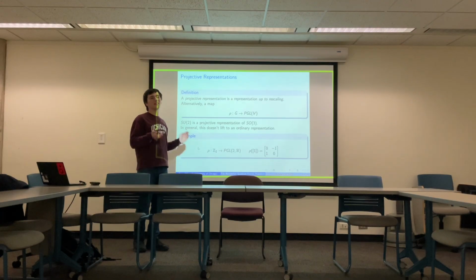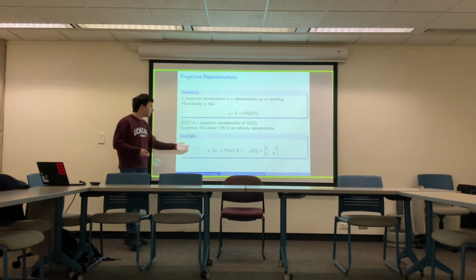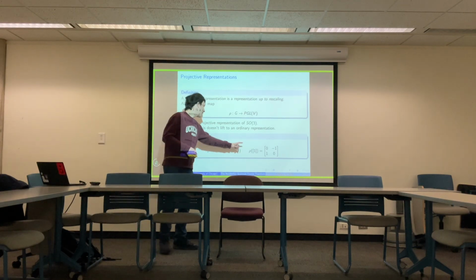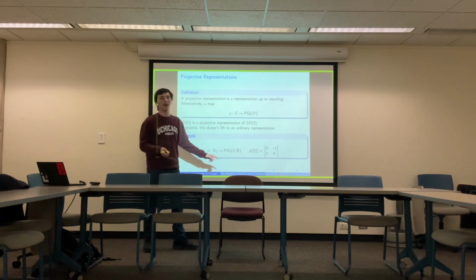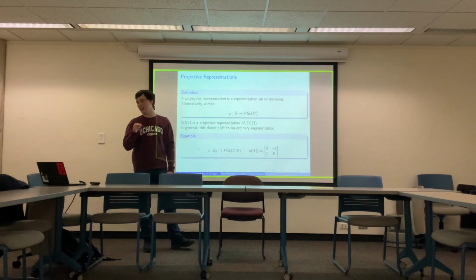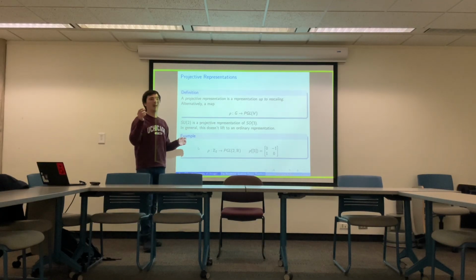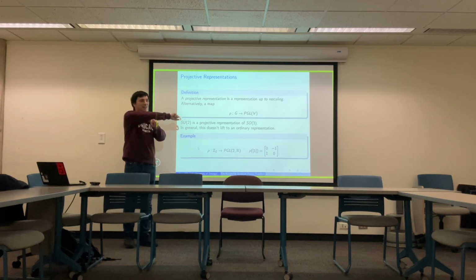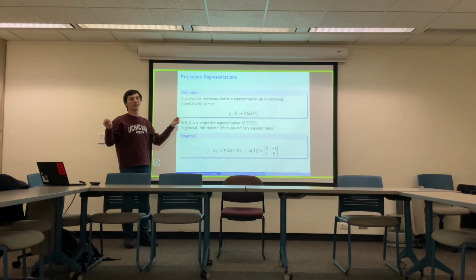In general, these projective representations don't lift to ordinary representations. As an example, imagine a real representation where you have SU2 mapping 90-degree rotations. You might be wondering how that makes sense: if you have a point, do a 90-degree rotation, then another 90-degree rotation, you're not back where you started, so how can that be a representation?